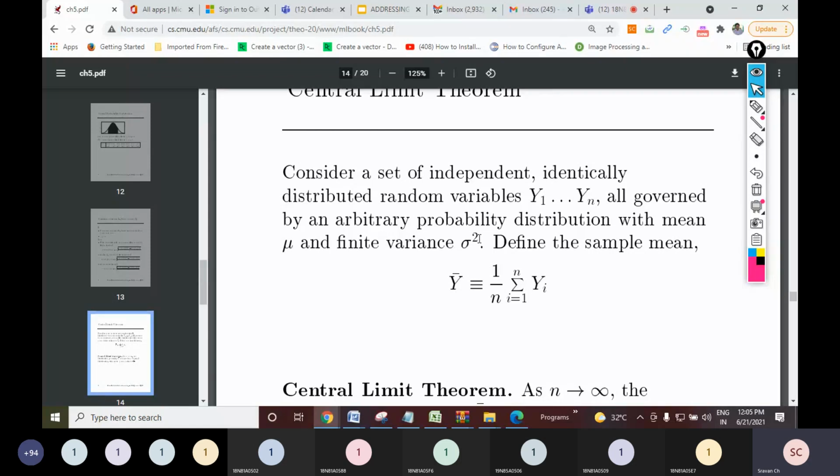In probability and distribution, sigma represents standard deviation. I hope you know what a standard deviation is. SD represents standard deviation. Variance is nothing but the square of SD; the square root of the variance is the standard deviation.